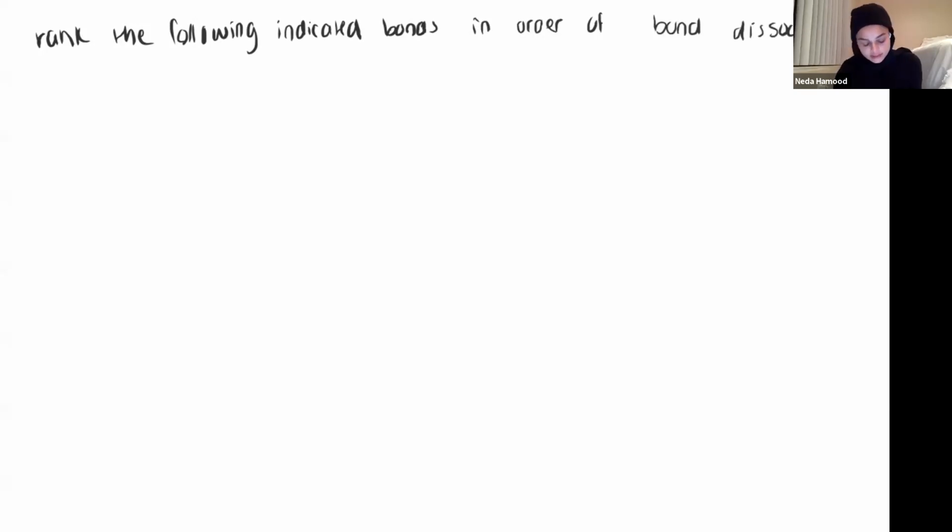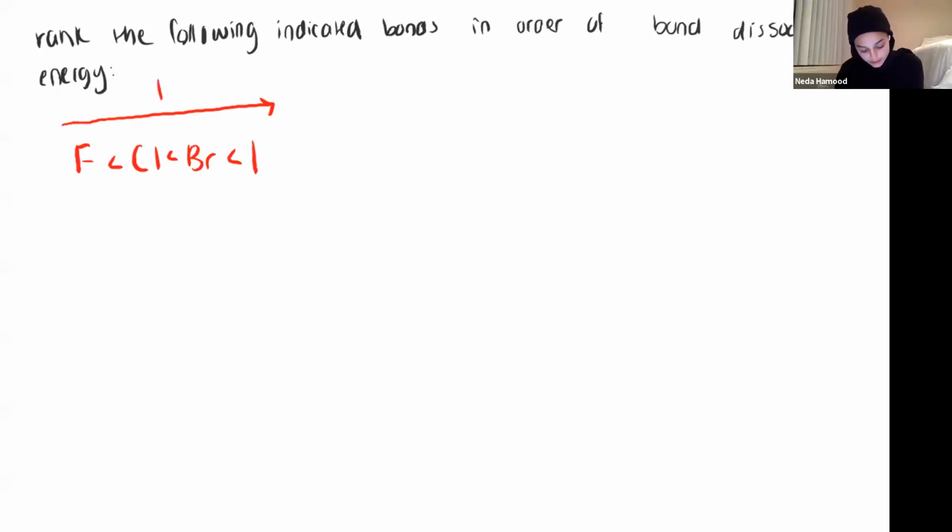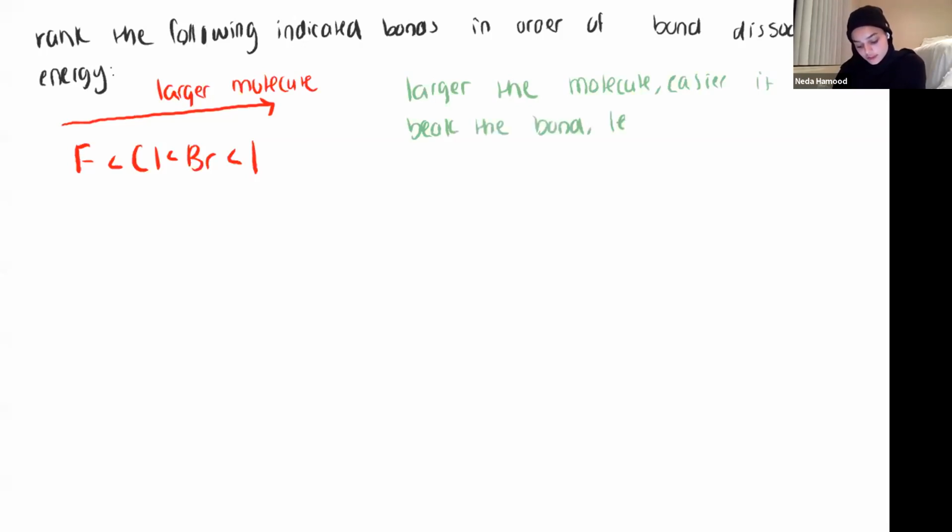I do think he's going to ask a question like this, so just be wary of this trend. So we know that if we have something like this, this is just the trend really quick. Iodine, this is increasing larger molecule. And with something like fluorine, just know that the larger the molecule, the easier it is to break the bond, so you need less energy.